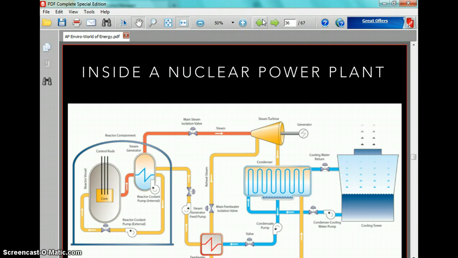And all this takes place, just to clarify for the exam, inside a containment structure, which is made of steel and concrete, extreme thickness, and all that takes place in the reactor core, and the reactor core is surrounded by the containment structure, in order to protect it.